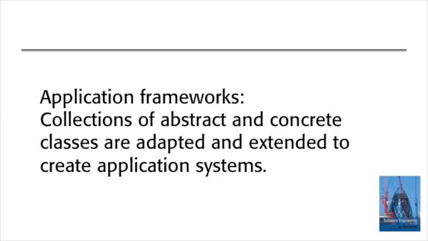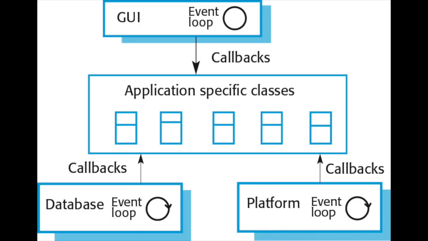Let's start with applications and application frameworks. Application frameworks are basically a structure, a set of reusable components associated with a particular type of application that we can use to develop these applications. The most commonly used and best known are web application frameworks, which are now almost universally used in the development of web-based systems.